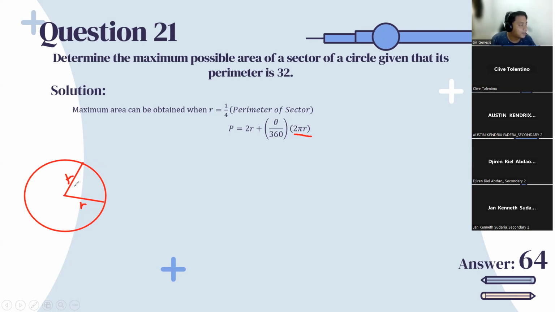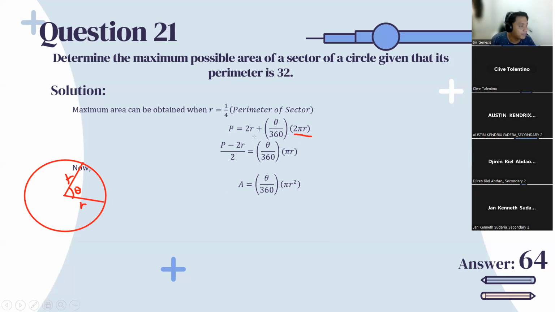So this theta here is the angle. Now you can manipulate this, and you will have P minus 2R over 2 is equal to theta over 360 multiplied to pi r. And then the area will just be theta over 360 times pi r squared.